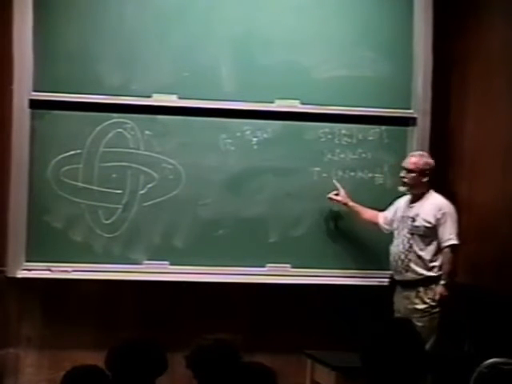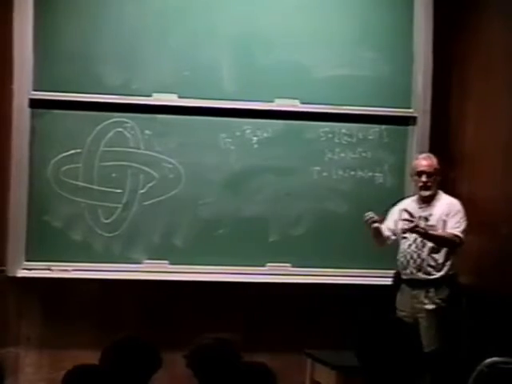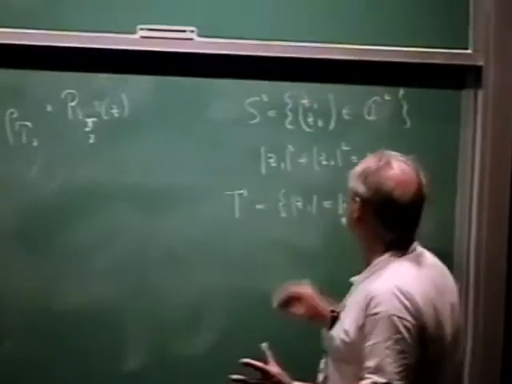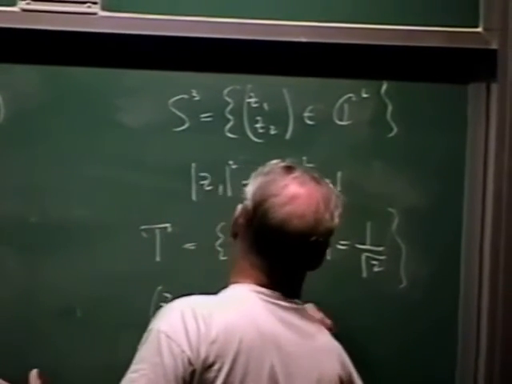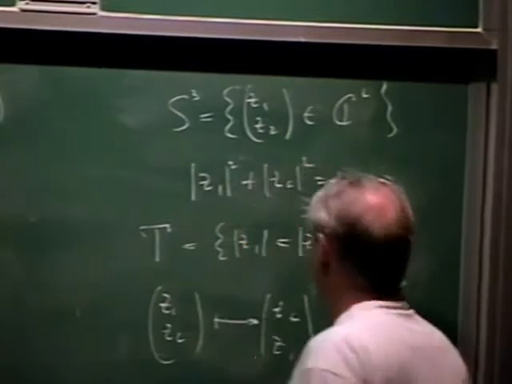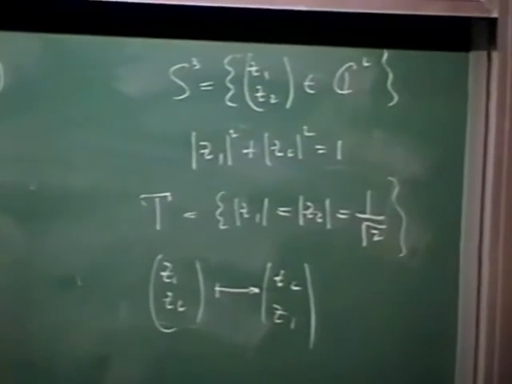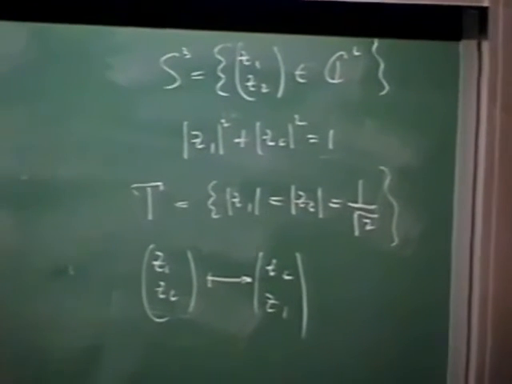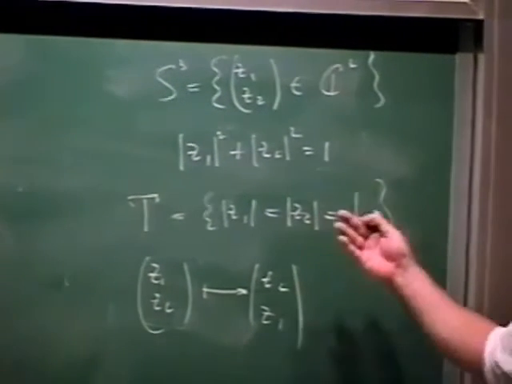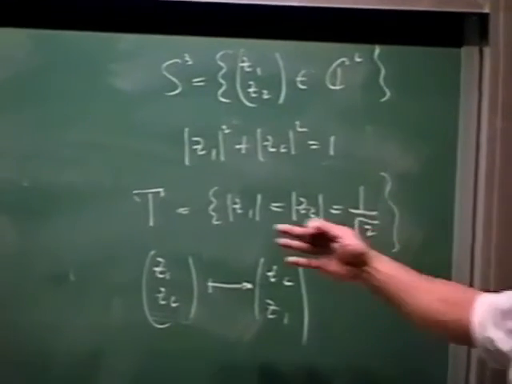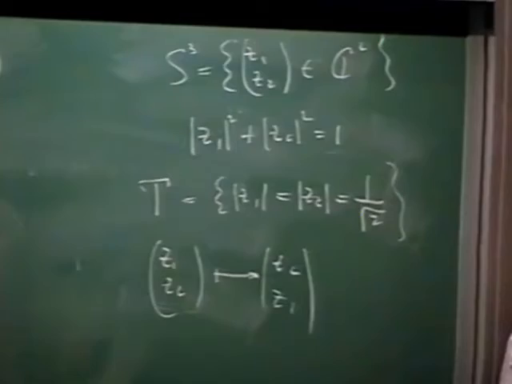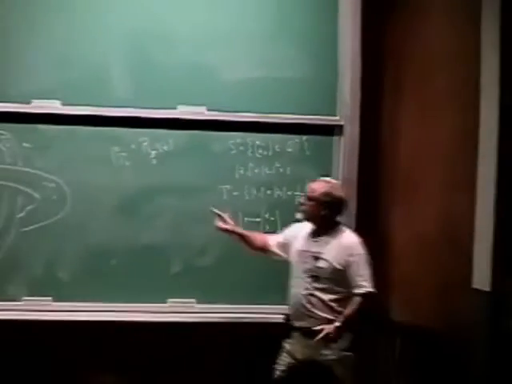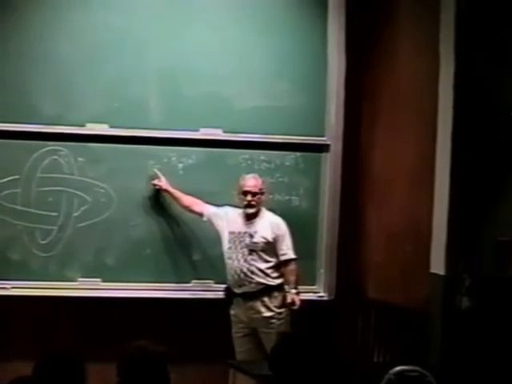Obviously, this is a torus because both z1 and z2 have an argument, and so it's a product of the circle with itself. And then you have the map (z1, z2) maps to (z2, z1), which evidently turns the inside, where z1 is bigger, to the outside, where z1 is smaller. So, given an unknotted torus in S3, you can turn S3 inside out, mapping the inside to the outside, and that's what I mean by this map.